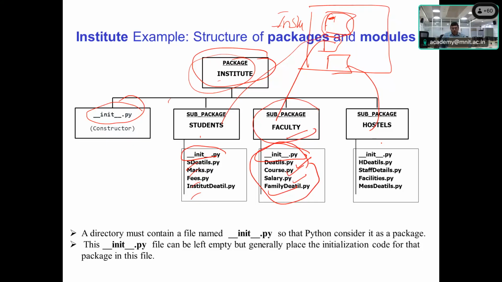Similarly, hostel related details are kept in the hostel package, having hostel detail, staff detail, facility and mess detail. But it also contains one file named __init__.py. That is mandatory. Even though that file may not contain any statement, you have to include it.